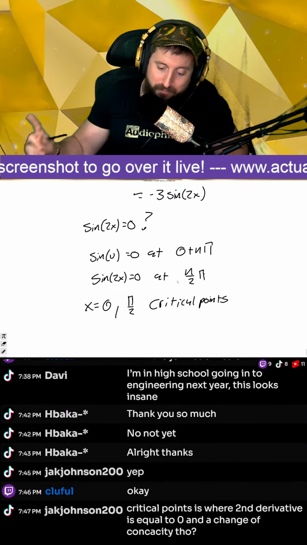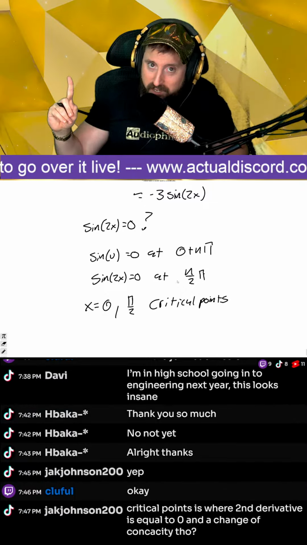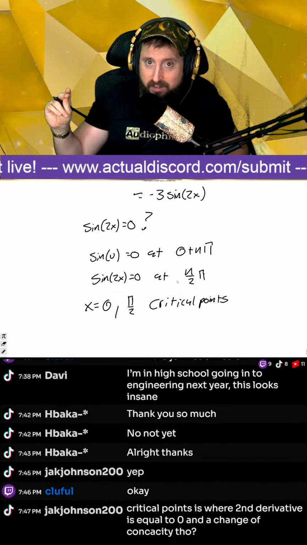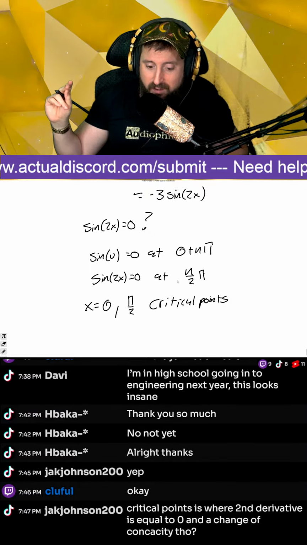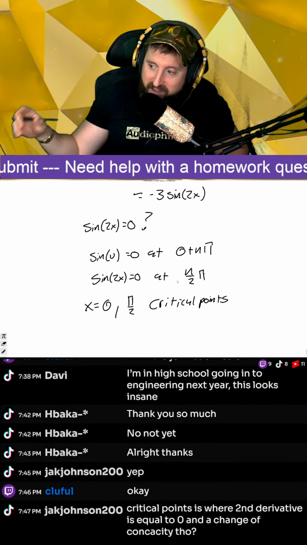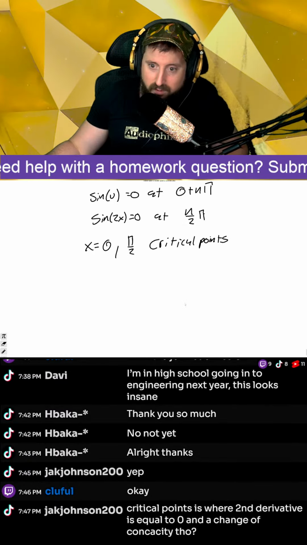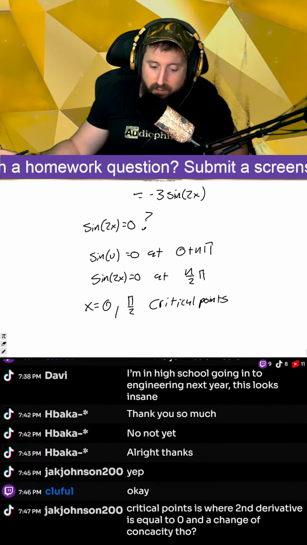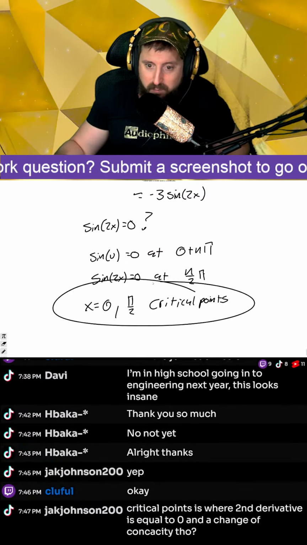No. Critical points are where the first derivative is equal to 0, Jack, right? And we use the second derivative to determine whether they're maxes or mins. So the derivative is 0 at these points.